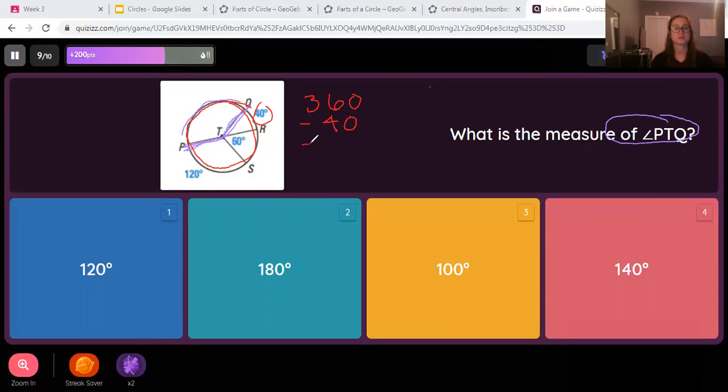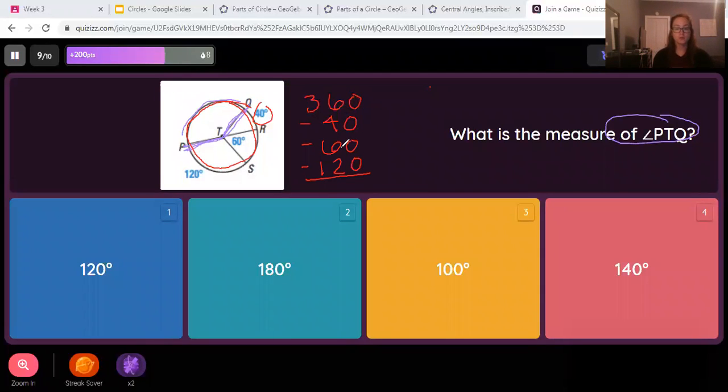The 60 degrees, we could take that away. It's not in the purple part. And the 120, it's not in the purple part either. So if we take away the three pieces that are not in the part that we want, then we're left with the part that we want. So you would take 360, subtract 40 from that, subtract 60, subtract 120, and you're left with 140 degrees.